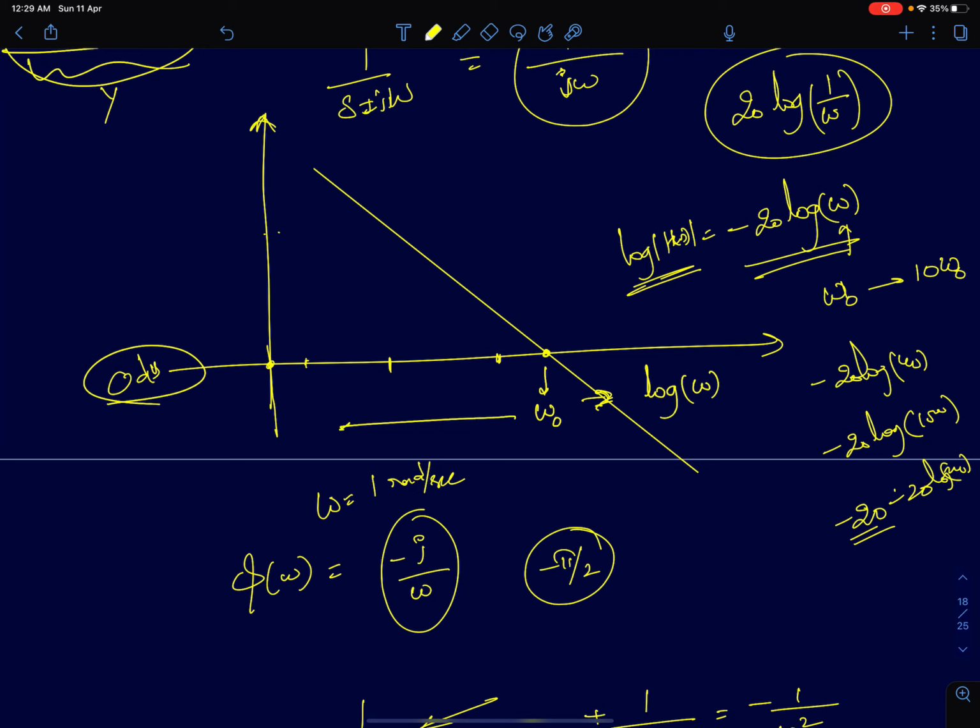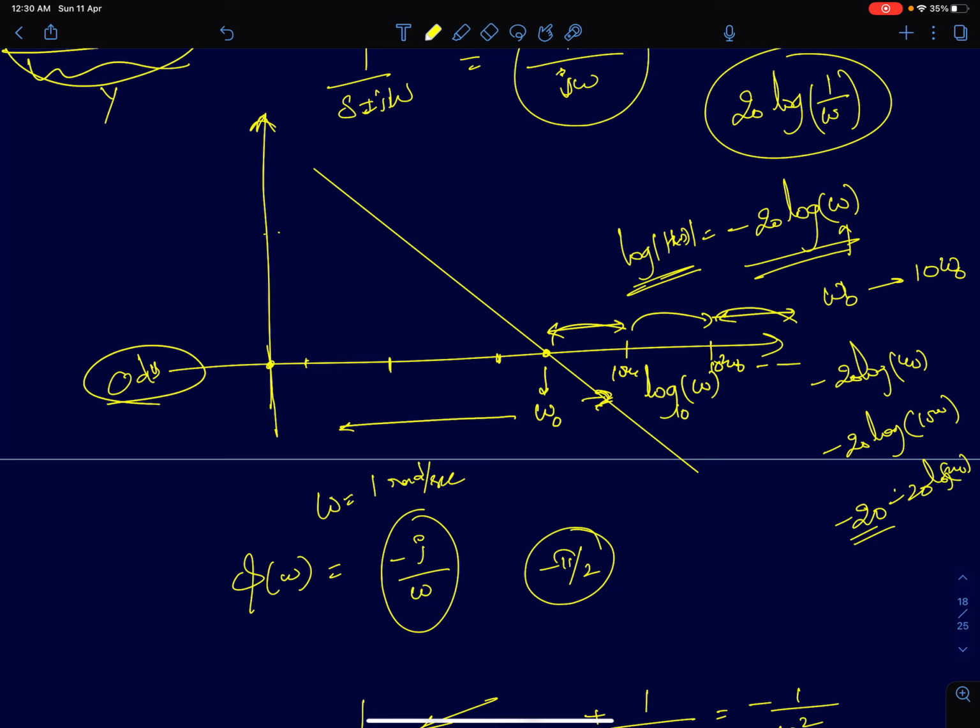Since it's a logarithmic graph, I'll hop exponentially, decade by decade. Since I'm taking log of base 10, if I want to reach infinity, I'll hop from omega naught to 10 omega naught, then to 10 squared omega naught, and so on. So omega naught to 10 omega naught is one decade of frequency. If I want to hop decade by decade, I need to hop infinite such decades to reach infinity.